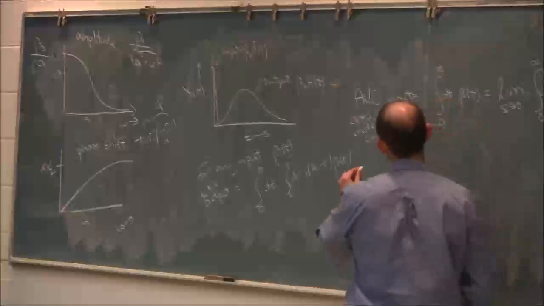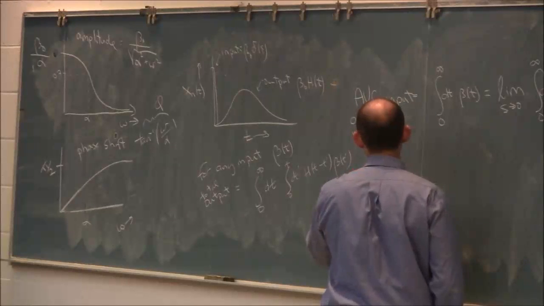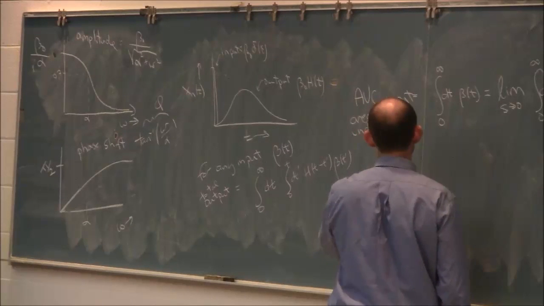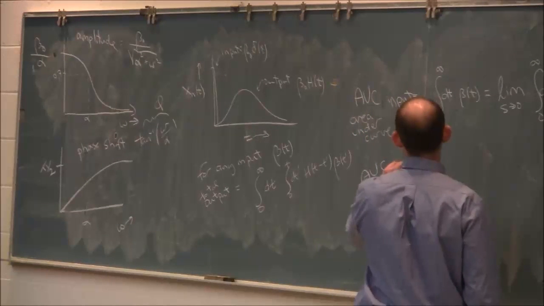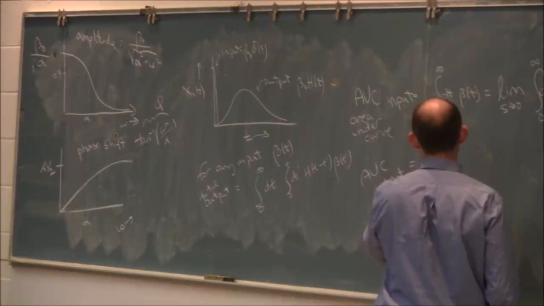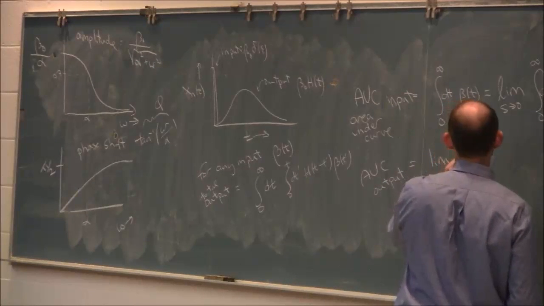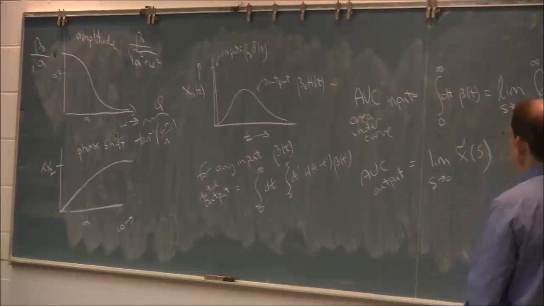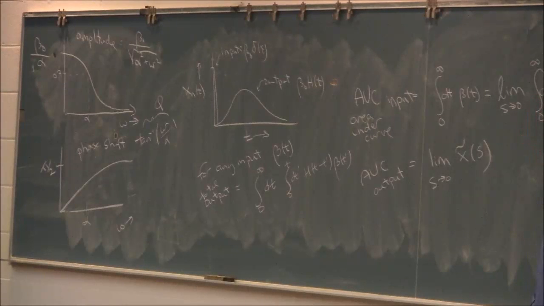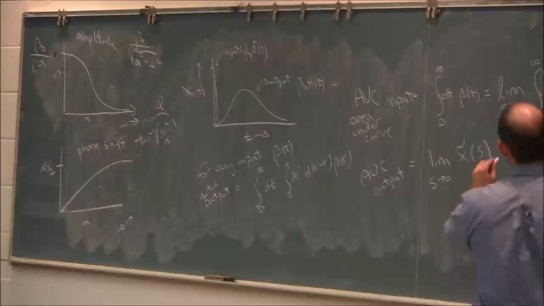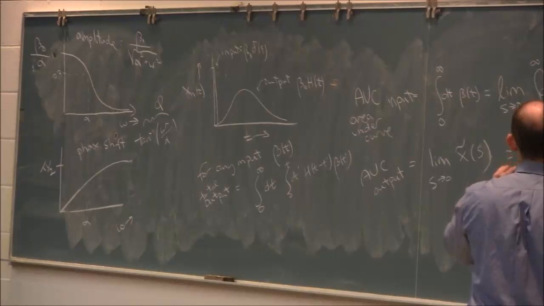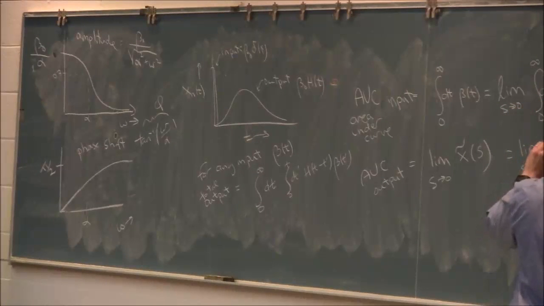So the AUC of the output is equal, in the same way, to the limit as s goes to 0 of x tilde of s, where this is the output we're measuring. For us, it's the output at the end of the cascade. So that's the limit as s goes to 0 of h tilde of s beta tilde of s.